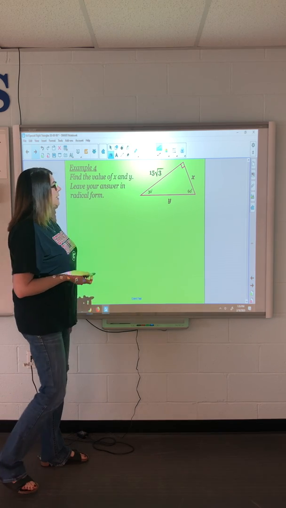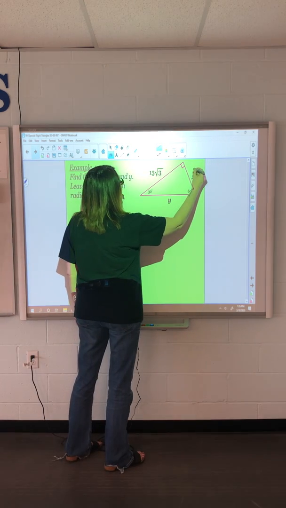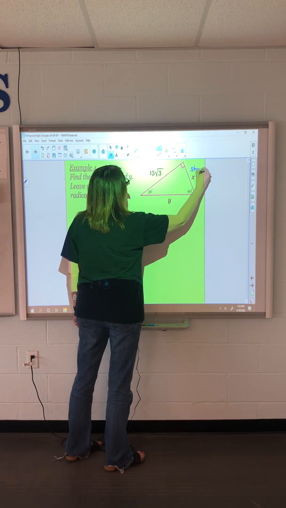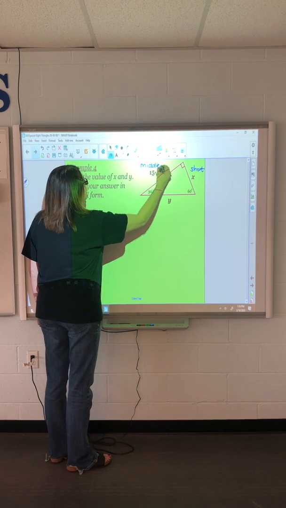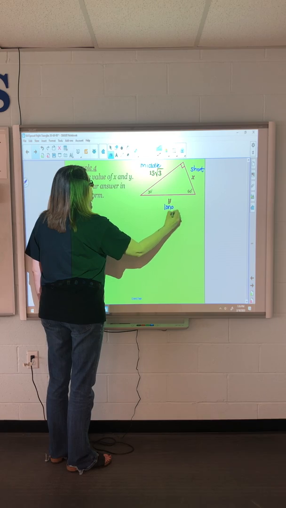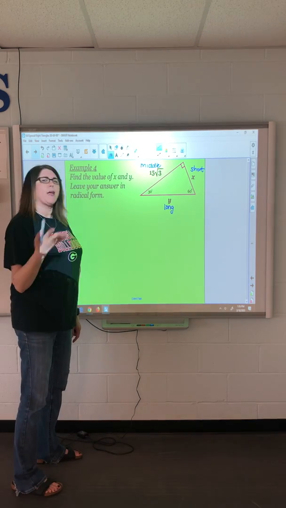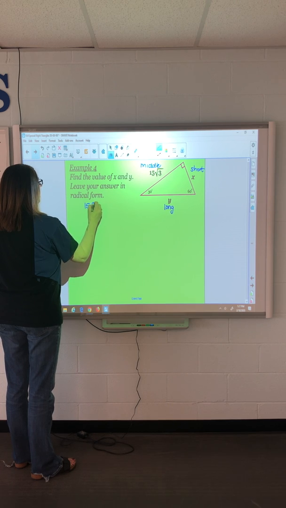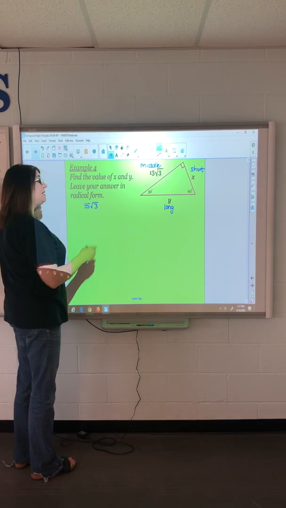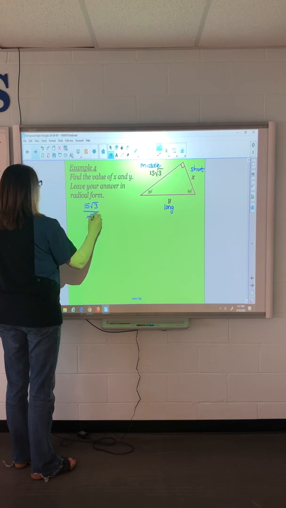All right, so next example. Similar idea. Here we have the short side, the middle side, and the long side. So we're seeing the same type of problem here. I've got the middle side, and to get to the short side, I'm going to divide by the square root of 3.